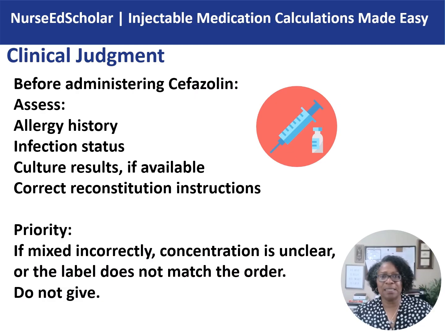If you're unsure how to reconstitute this, they typically have pretty good instructions on the unit, and sometimes they even have cheat sheets on the wall. But if the label doesn't match the order, or you mixed it incorrectly, of course you do not administer. You call the pharmacy and say, hey, this doesn't seem right. Can you send me another one?